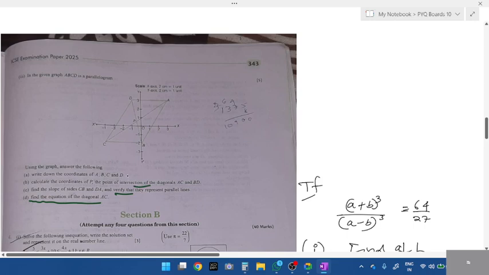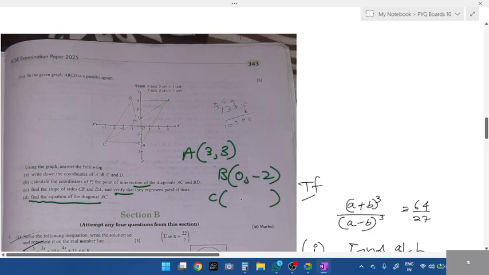Coordinates. Tell me the coordinates of A, B, C, students. What is coordinate A? 3 comma 3. What is the coordinate of B? Very good. 0 comma minus 2. C?